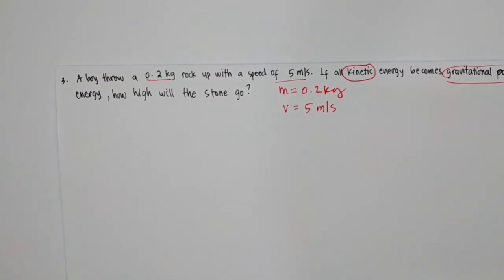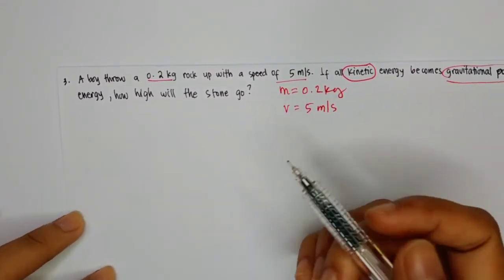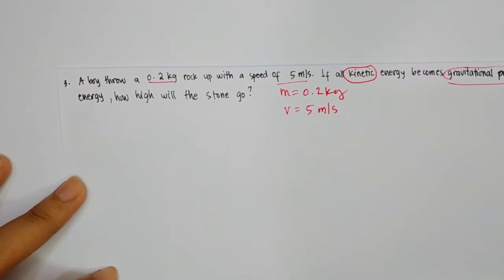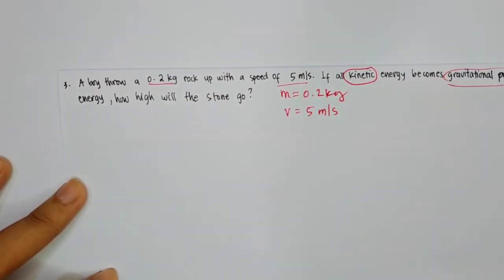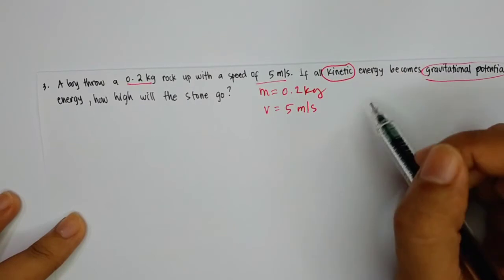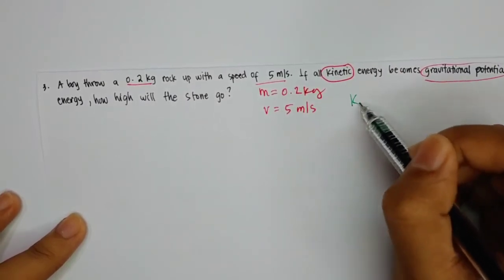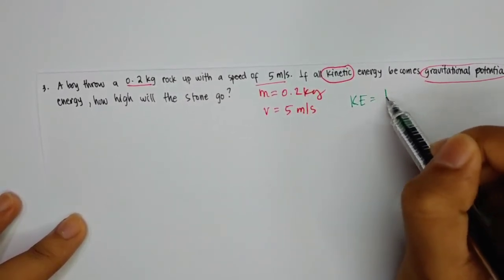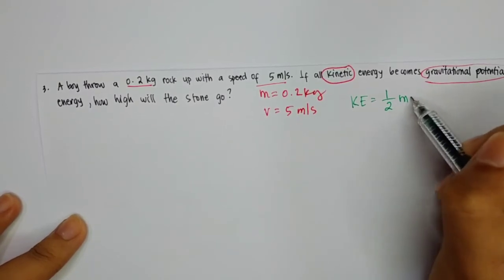Since energy is not destroyed, based on the law of conservation of energy, this is where we base our formula. What is the formula of kinetic energy? That is 1/2 mv squared.